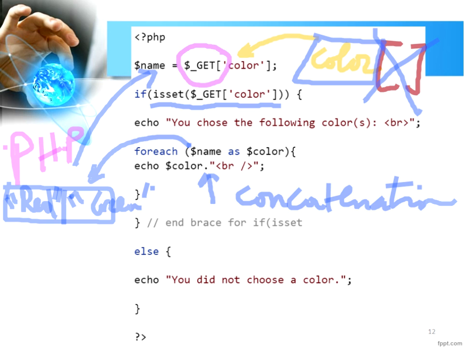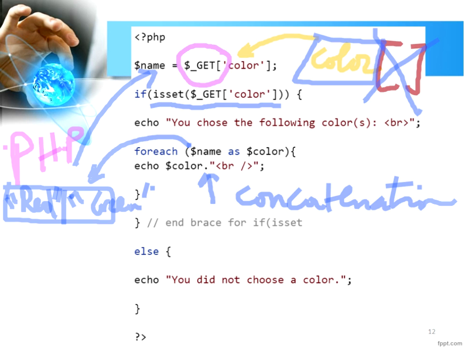Okay, so in this example, if I want the colors to be displayed as an unordered list, how can I modify this code to obtain values as an unordered list?